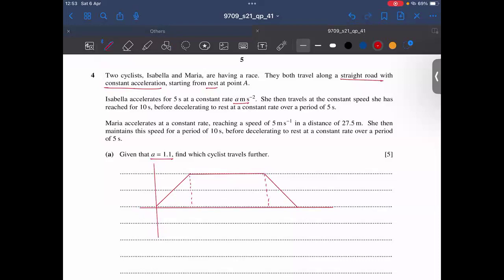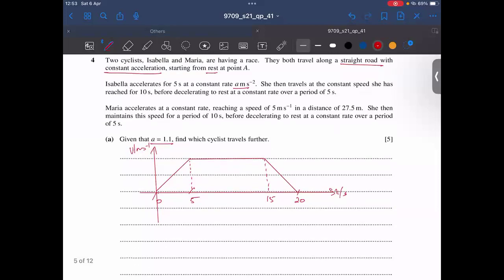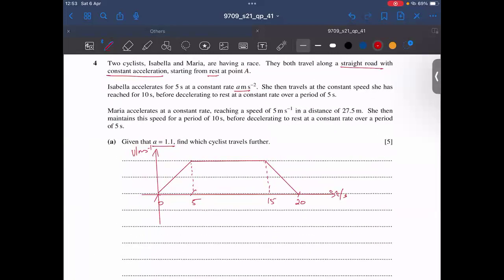Now, this time is 5, this is 15, and this is 20, and this is 0. This is for Isabella. This is V in meters per second, this is time in seconds. And I need to calculate this maximum.